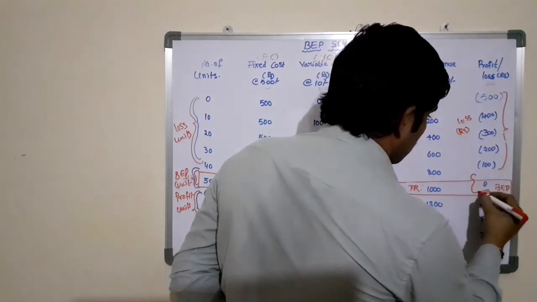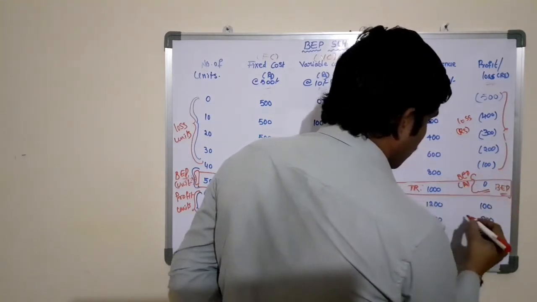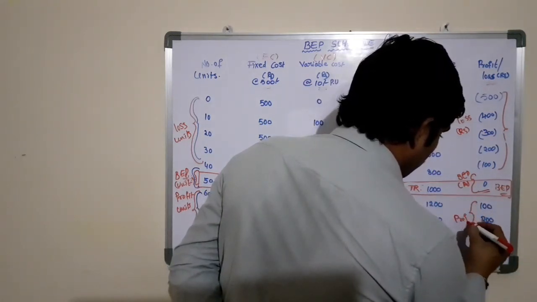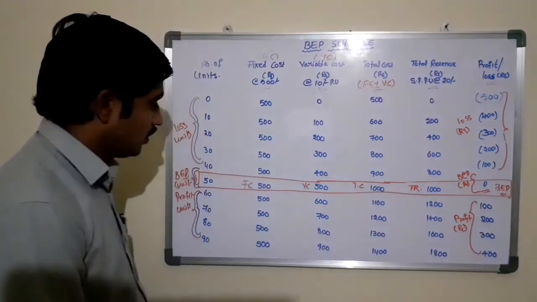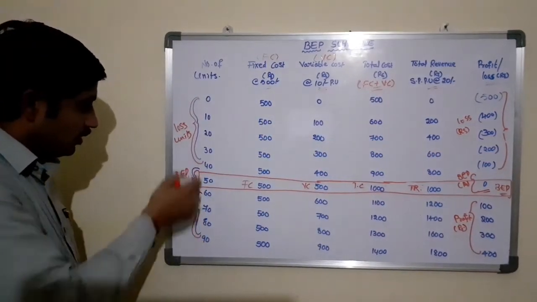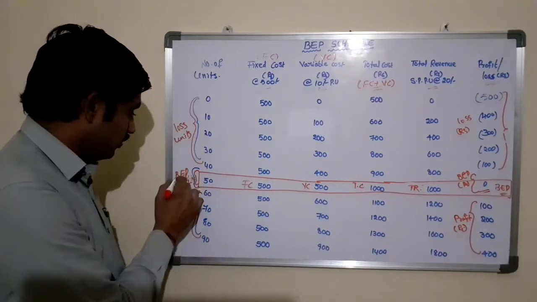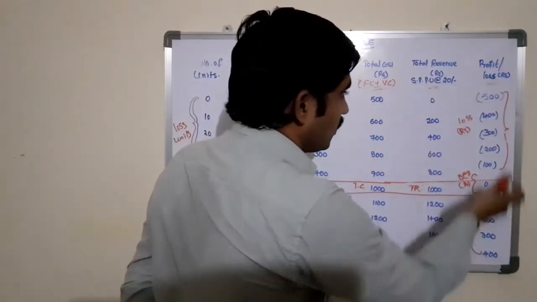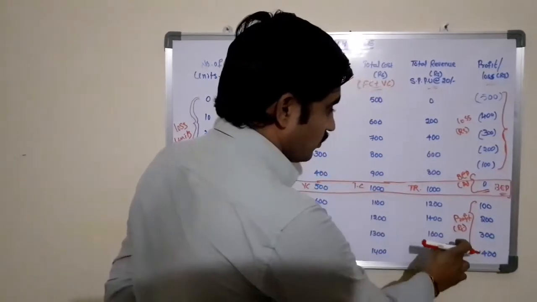This is the break-even point in terms of rupees, and this is profit in terms of rupees. So this column reveals the loss, BEP and profit in terms of units, and this column reveals the loss, BEP and profit in terms of value or rupees.